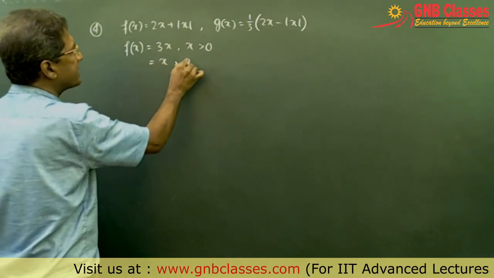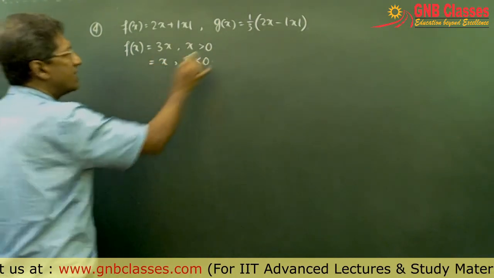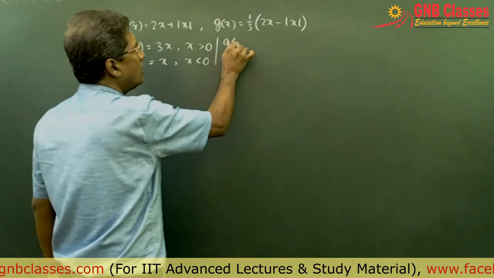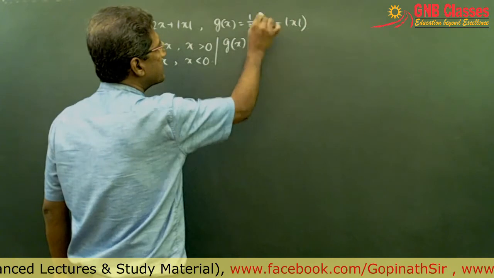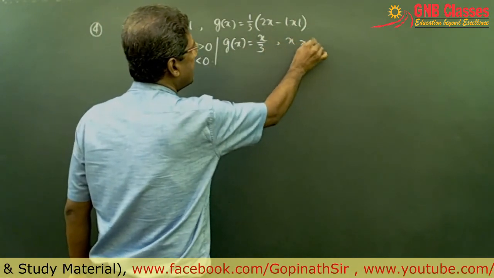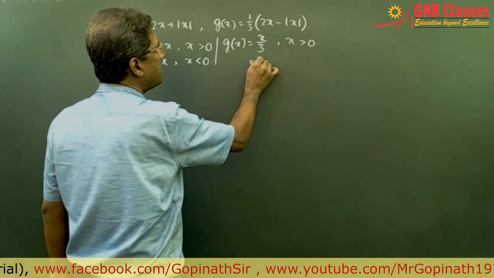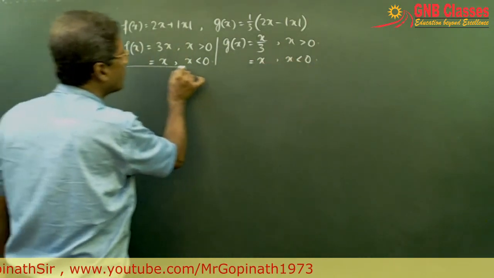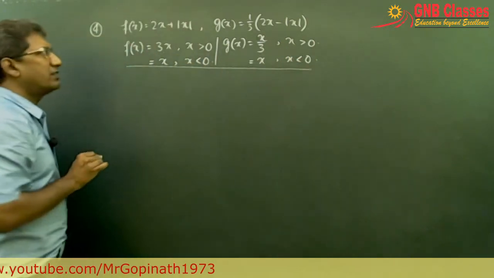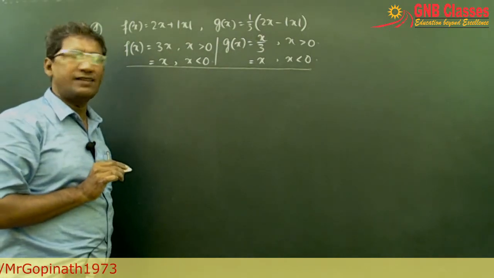This can be written as x when x is less than 0. Similarly, your g(x) can be written as 1/3 x, that is x by 3, when x is greater than 0, and it can be written as x when x is less than 0. Is it clear? So these are the redefined functions f(x) and g(x).